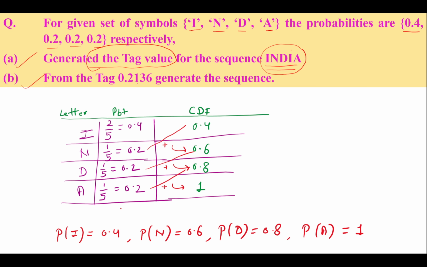After that I will discuss how to generate the sequence from this tag. I will solve this question by two methods, so whichever you understand better, you can follow.